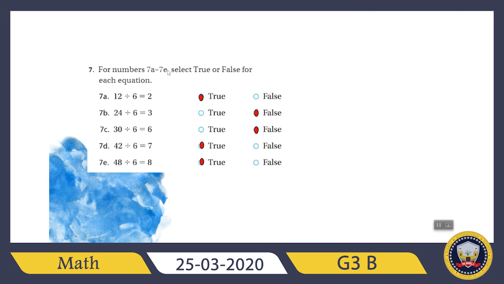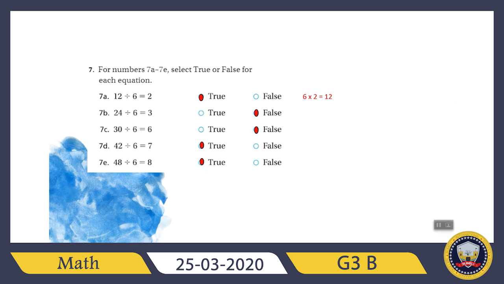And our last question. For numbers 7a to 7e, select true or false for each equation. Guys, 12 divided by 6 equals 2. Is it true or false?